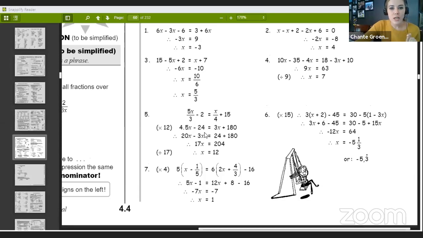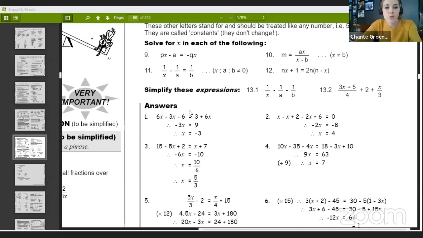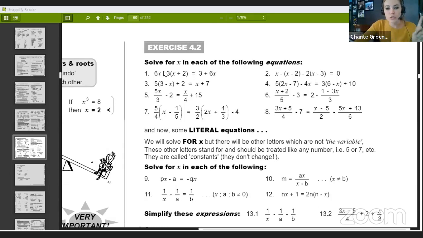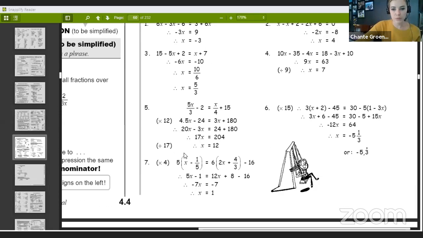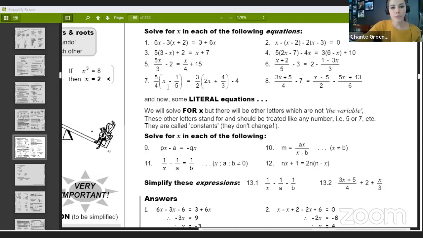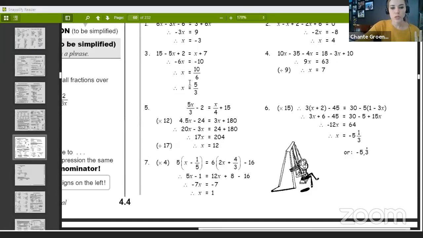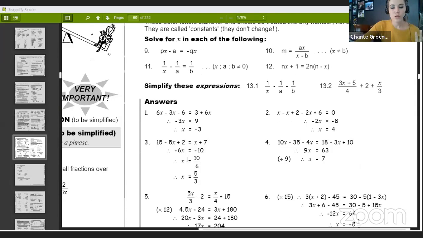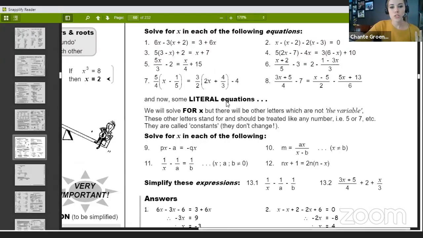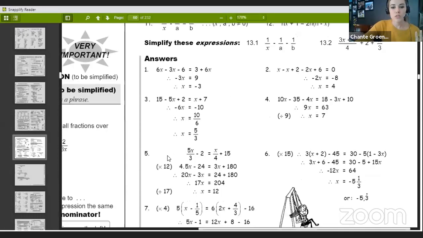Just like our simple number 1 where I timed in this -3, I'm going to do the exact same thing. So step number 1, you're going to take away the 4. How do you do that? You times this whole thing with 4. Can you see that? Just there, and that's going to change there. So this is my first step.